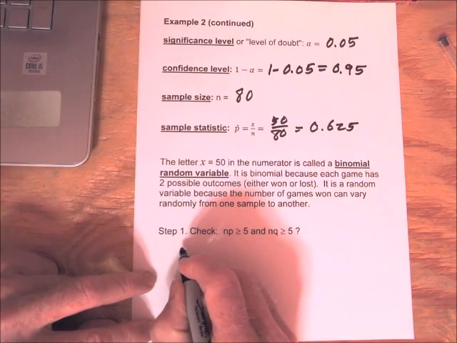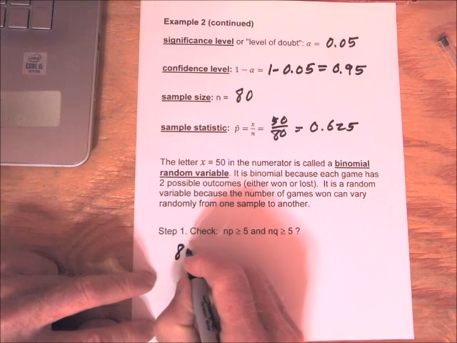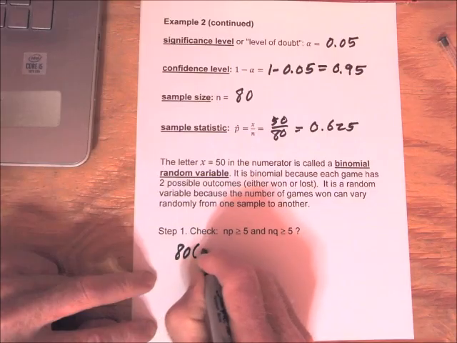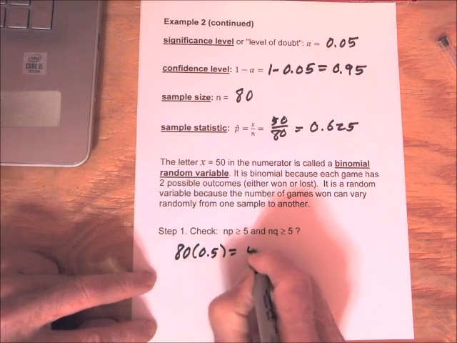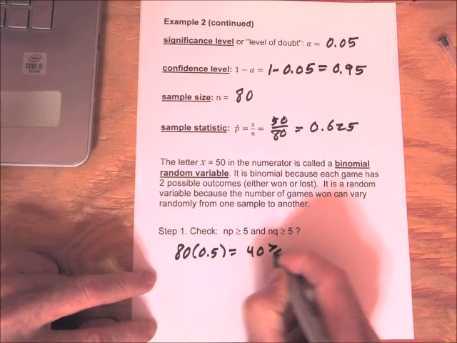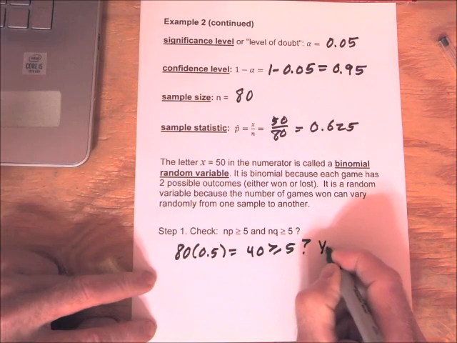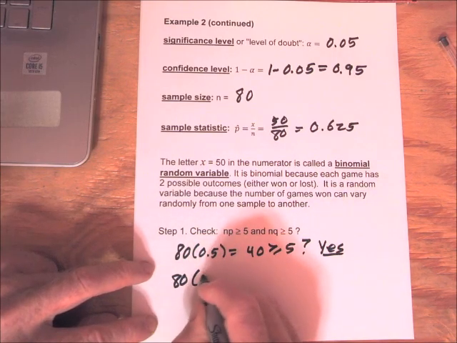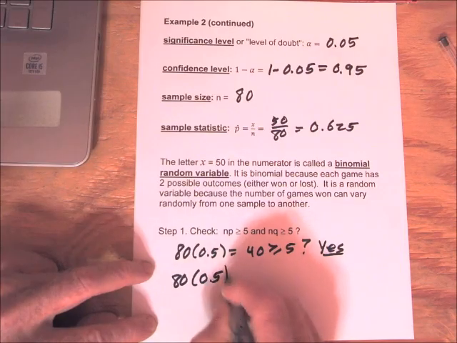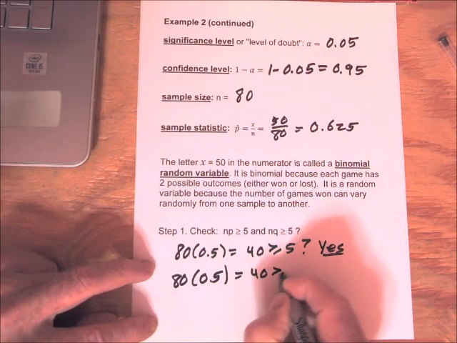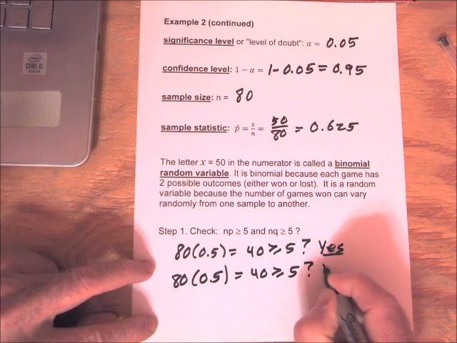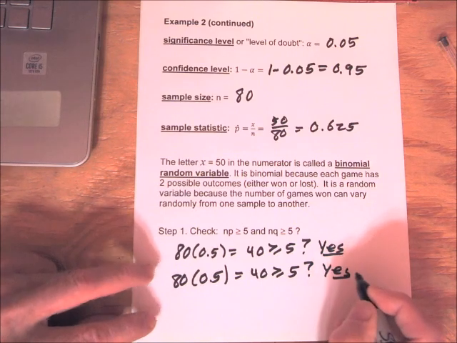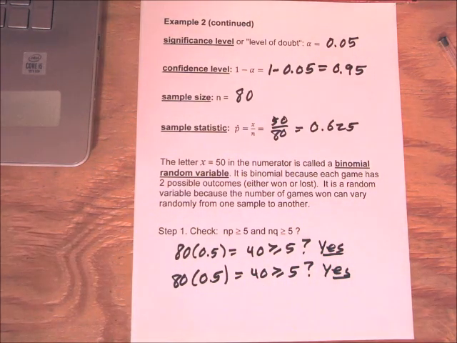So 80 times 0.5 is 40, and is that greater than or equal to 5? That's a yes. And 80 times q, which is also 0.5, is 40, greater than or equal to 5, and that's a yes. So we got two yeses here.